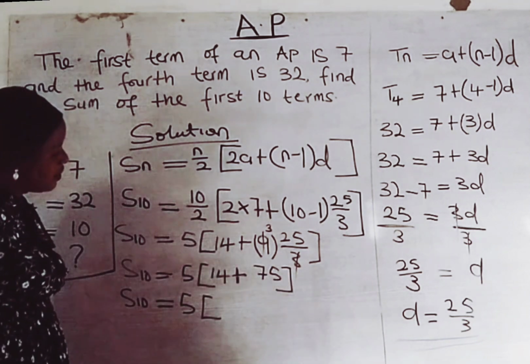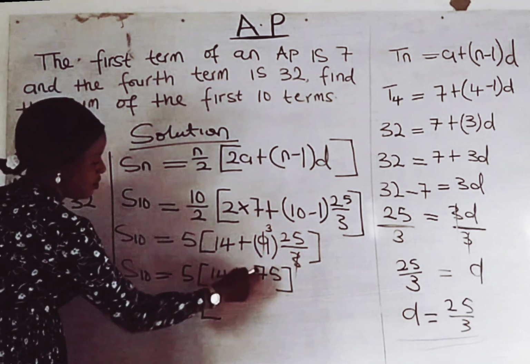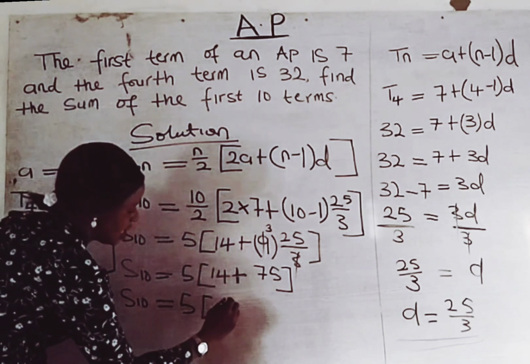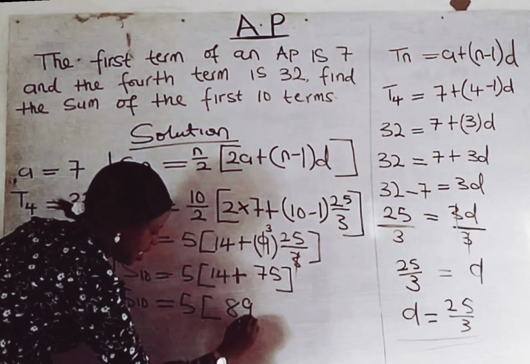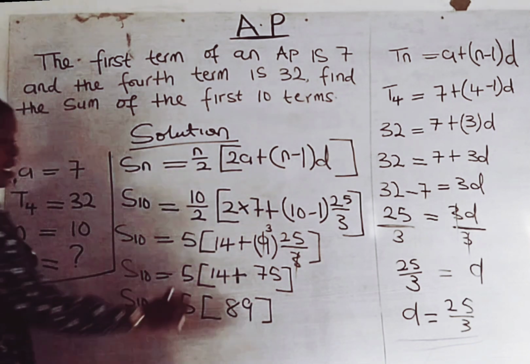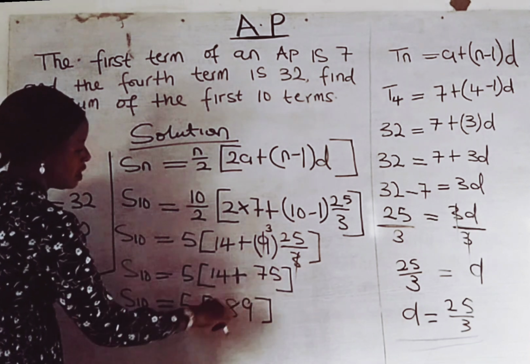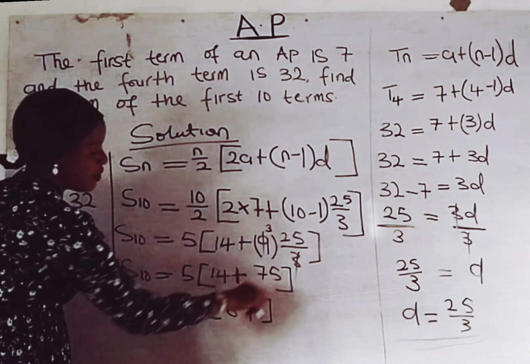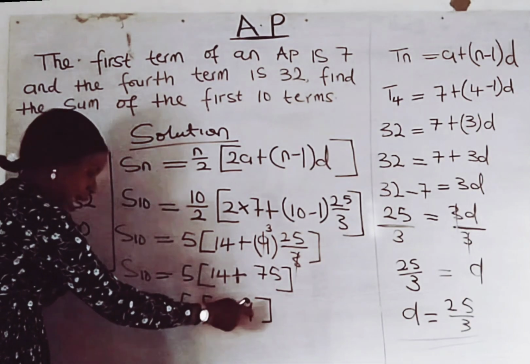What will it give us? It will give us 89. I say 10 plus 7 is 80, 4 plus 5 is 9. So that's how I know that it will give us 89.